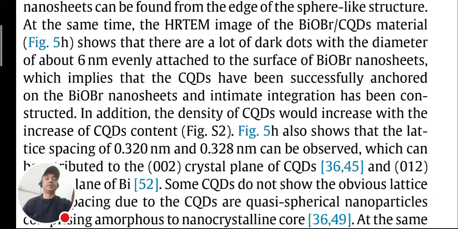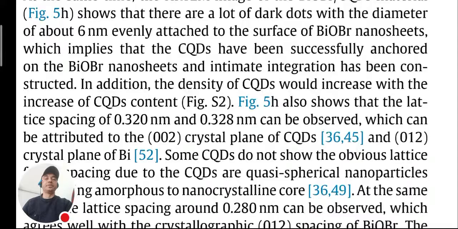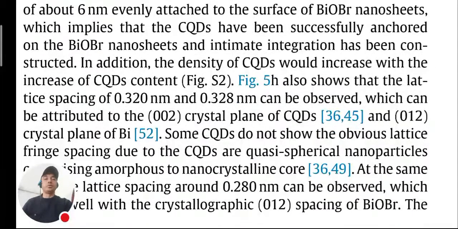In addition, the density of carbon quantum dots would increase with the increase of carbon quantum dot content, as shown in the figure, where spacings of 0.3 to 0.4 nanometer and 0.3 to 0.8 nanometer can be observed, which can be attributed to the 002 crystal plane of carbon quantum dots and a crystal plane of BiOBr.